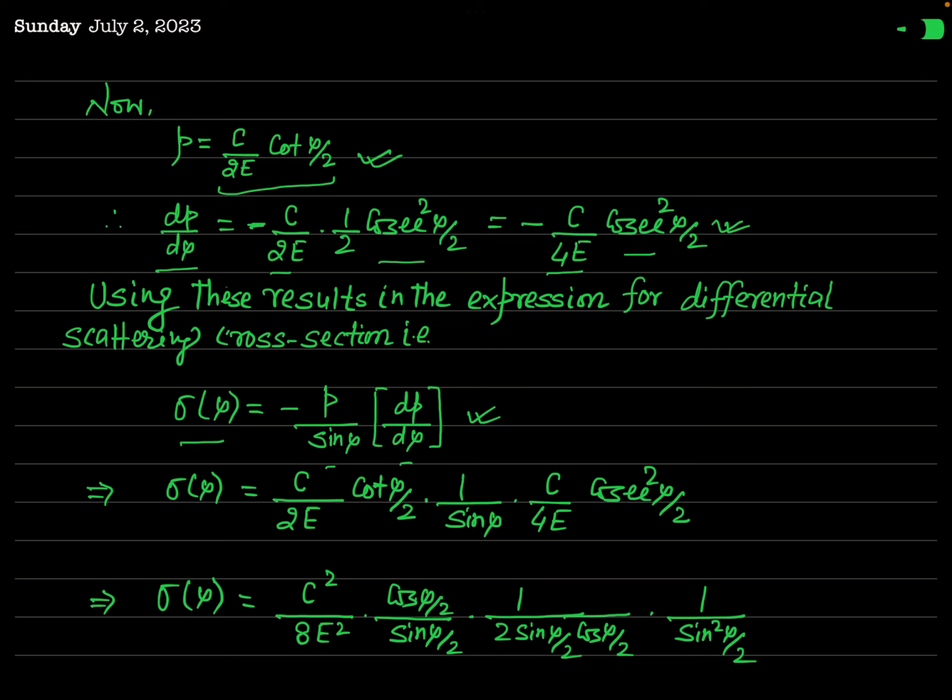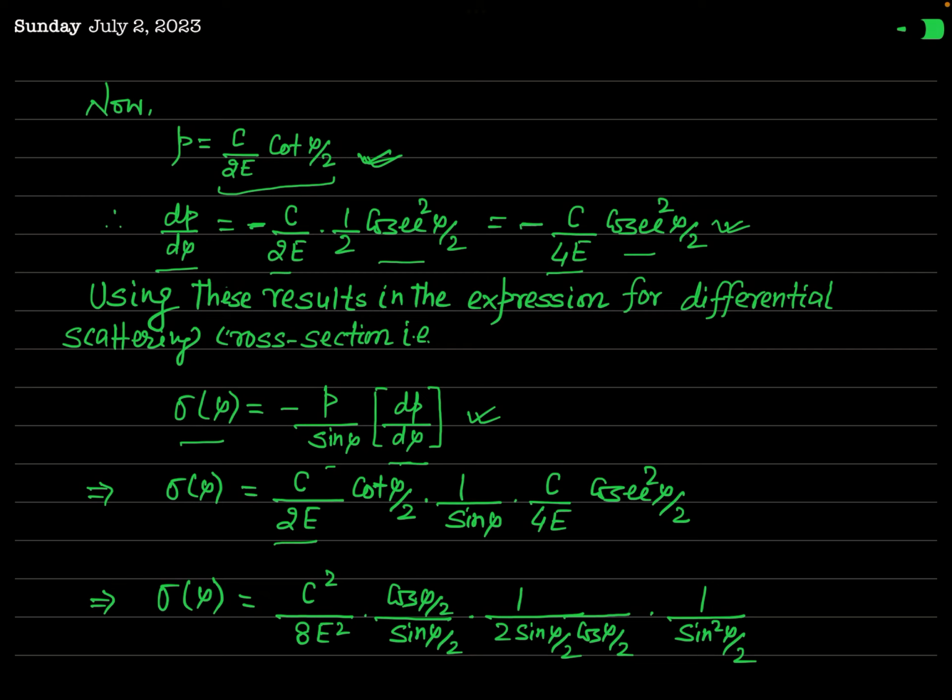But you can see P is equal to this much. This is C over 2E times cot phi by 2 and times 1 over sine phi, and dP by d phi. See here, this is minus C over 4E cosec square phi by 2. Okay.